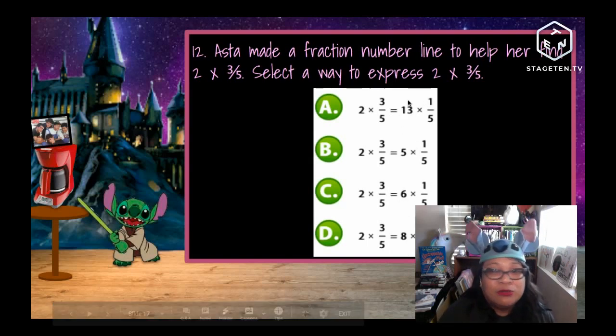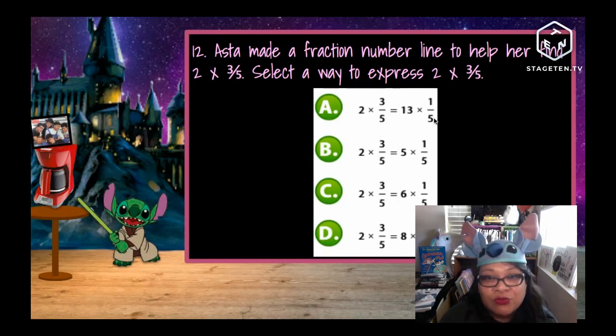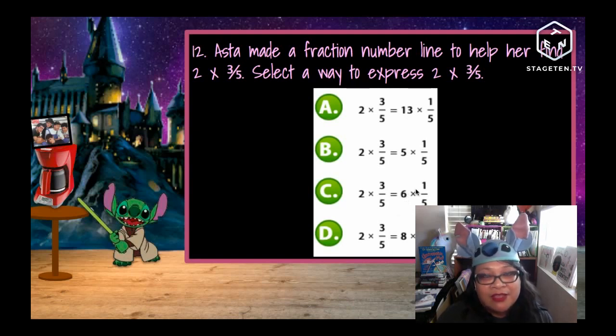And if you do a quick scan, you can see which one does and does not belong. So 13, yeah, that's not 6. 5 is getting close, but 5 times 1 is not 6. That's not the answer. Right over here, 6 times 1, that gives you 6/5 right away. But I like to tell my students always check the rest just in case. 8/5, yeah, totally not the answer.